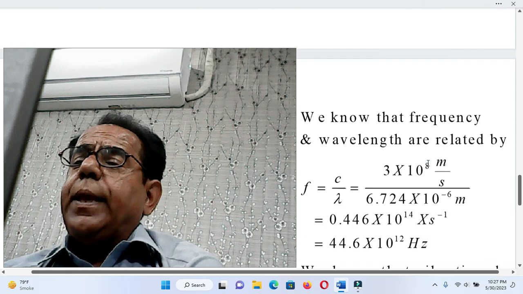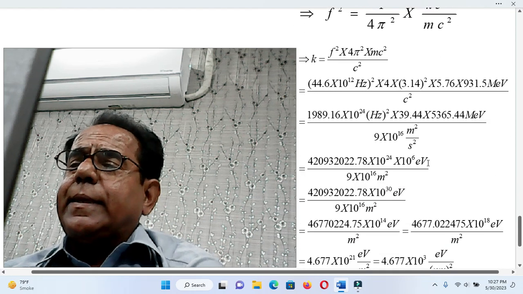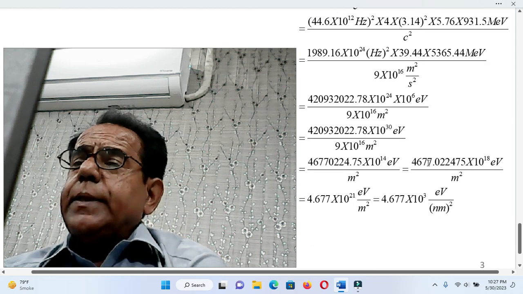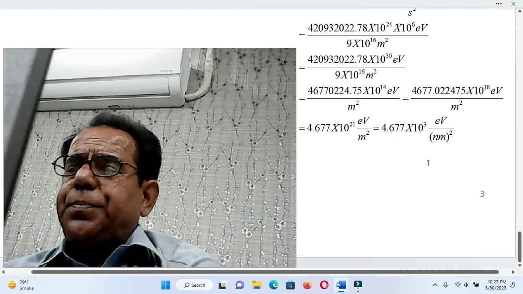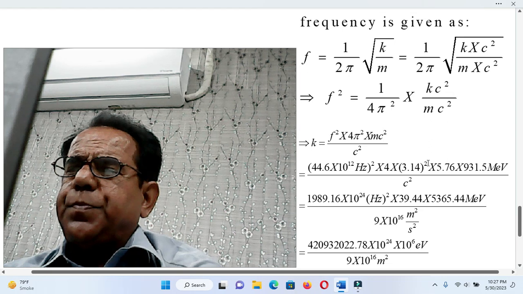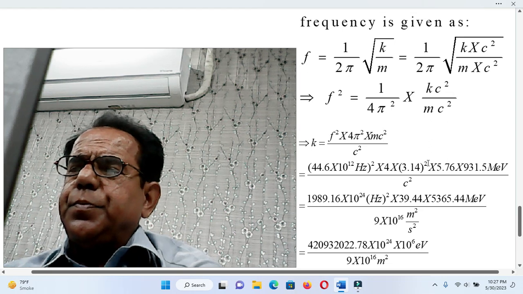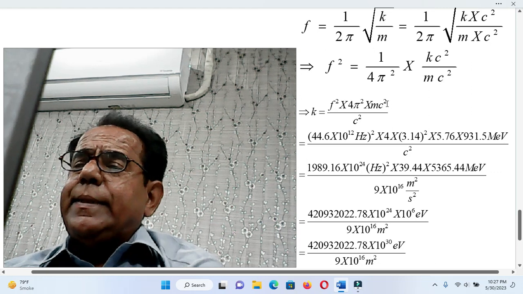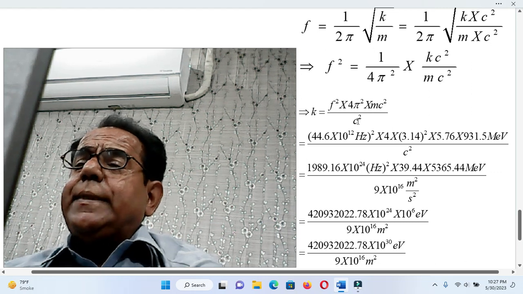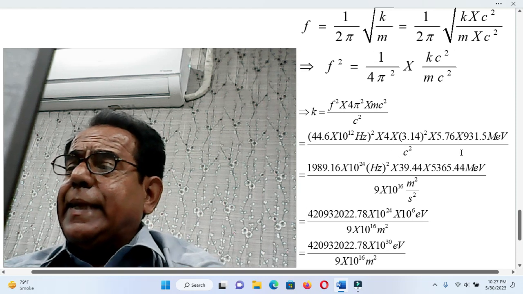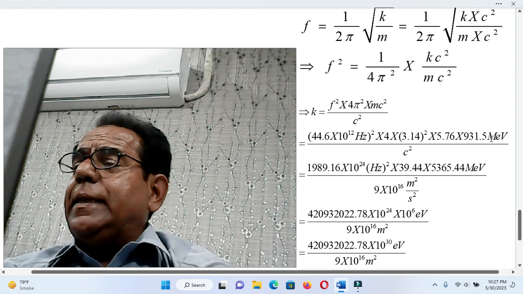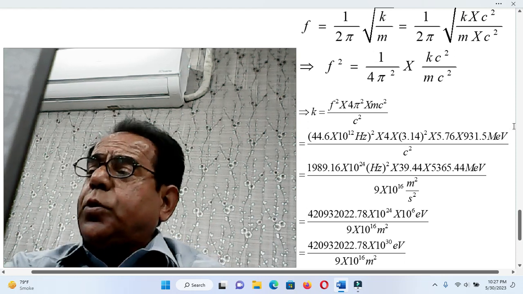So dear students, this c square has been cancelled with that c square, but this c square is the c square which is occurring with this million electron volt over c square.